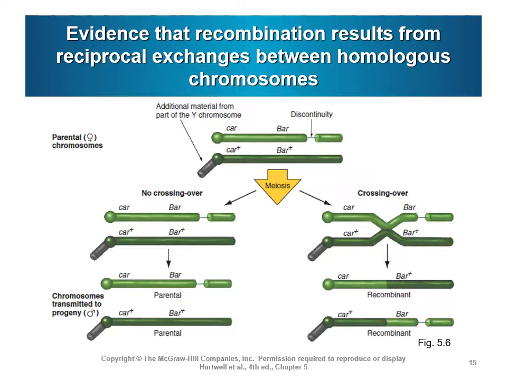There are two parental chromosomes above. The top one has a discontinuity, and the bottom one has a portion from the Y chromosome.